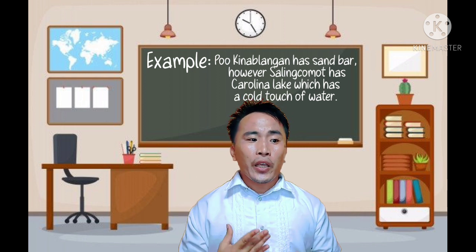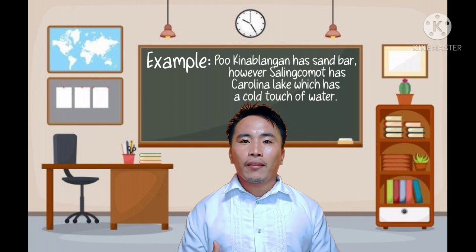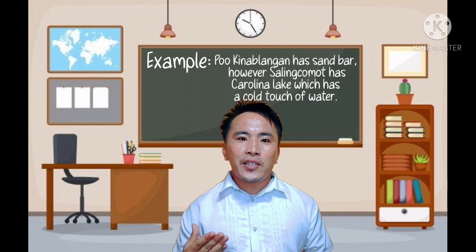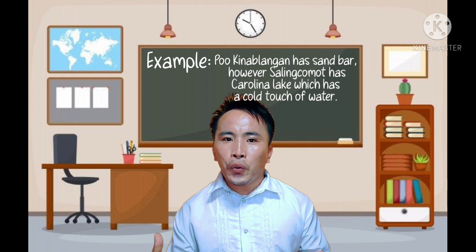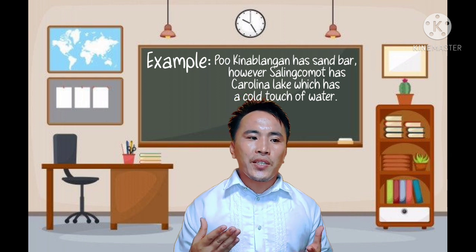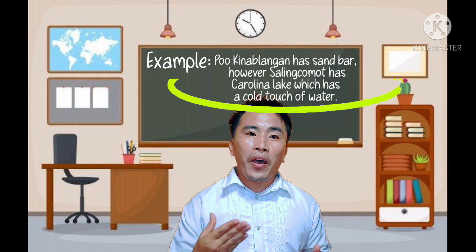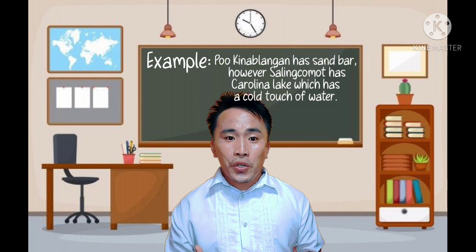However, Salingkumot has a Carolina lake which has a cold touch of water. Now, can you tell me their differences? Anybody from the class? Very good. Their differences is that Pu Kinablangan has a sandbar. However, Carolina Lake has a cold touch of water.